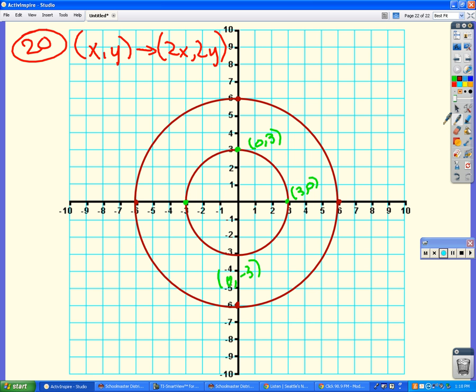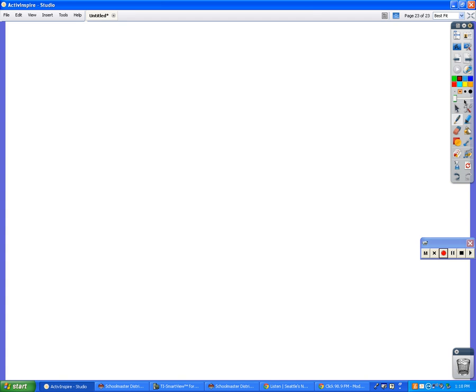So these are concentric circles. So the first part of the question is, is your new shape a circle? Yes. The second question is, is the new circle congruent to the old circle? No, same shape, different size. So that is a no.